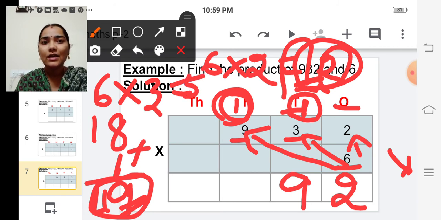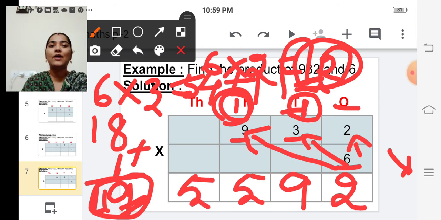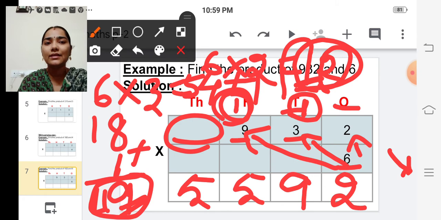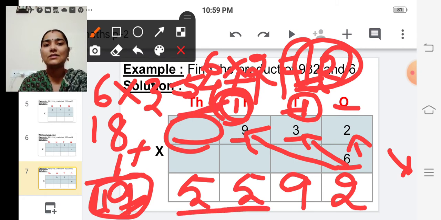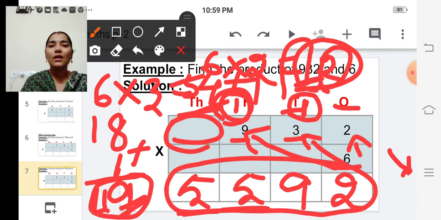So 54 plus 1 is 55. So we can write this 55 here, since we didn't have any number in thousands place. So write this number 55 as it is. So we have got the answer 5592. So that's the answer.